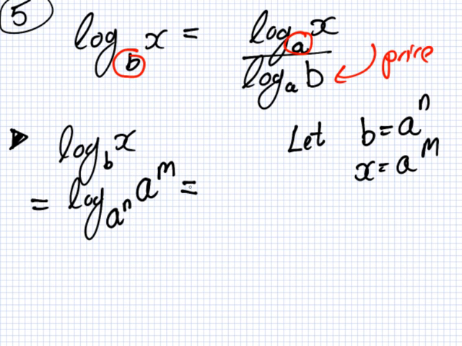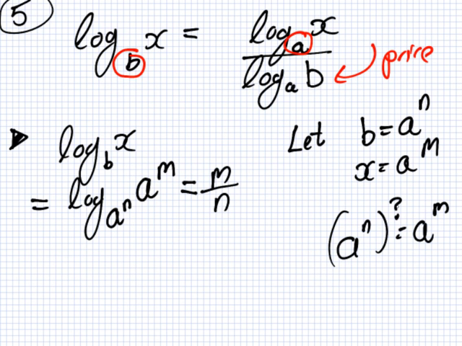a to the power of n, to what power makes a to the power of m? So if I write it here, a^n, to what power will make a^m? m over n. Because if you think about putting m over n here, the n's cancel, and you're left with m, which is what you want. So this is m over n. But on the top, m.